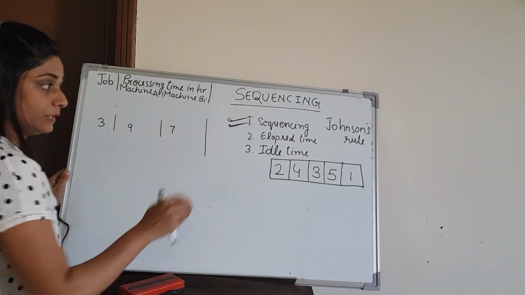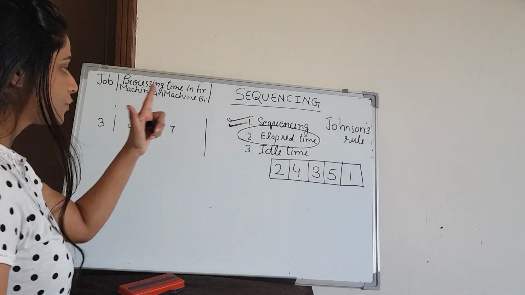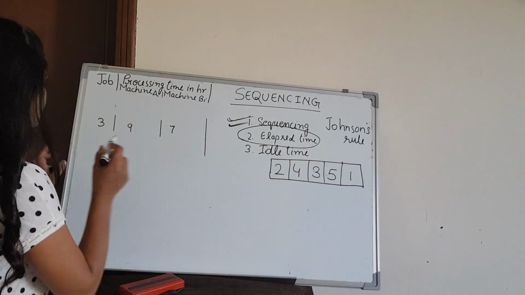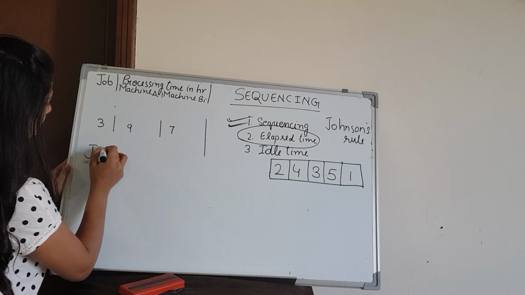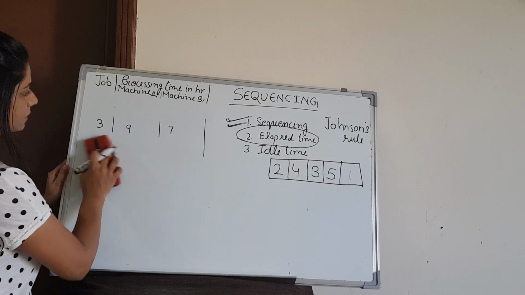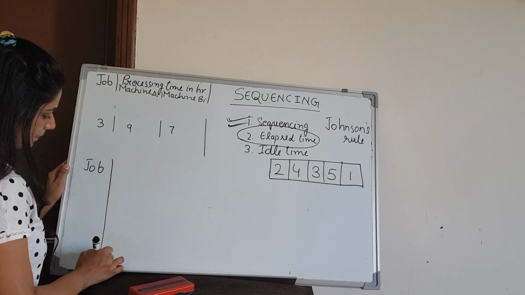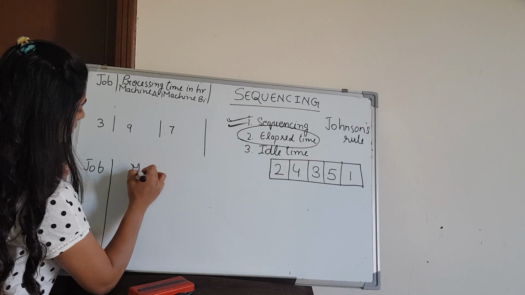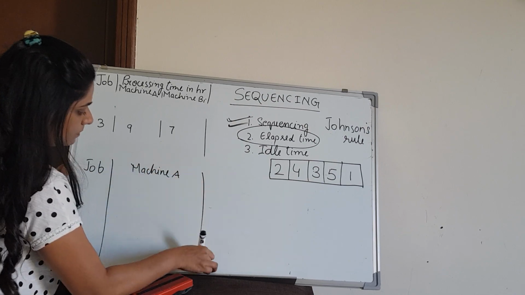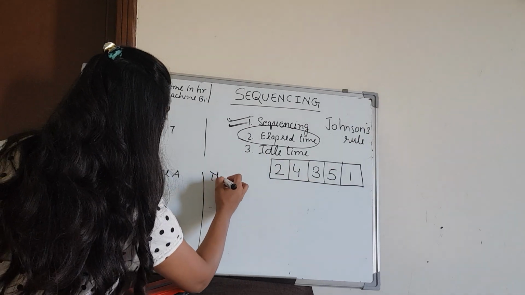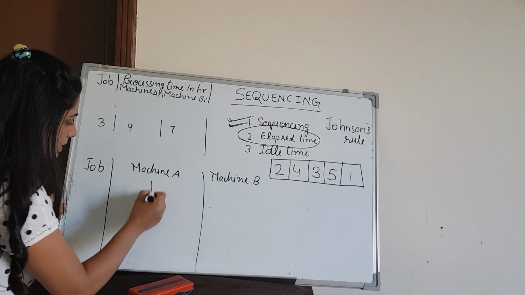Now we will calculate elapsed time. For elapsed time the table has columns for job, machine A and machine B, with time in and time out.